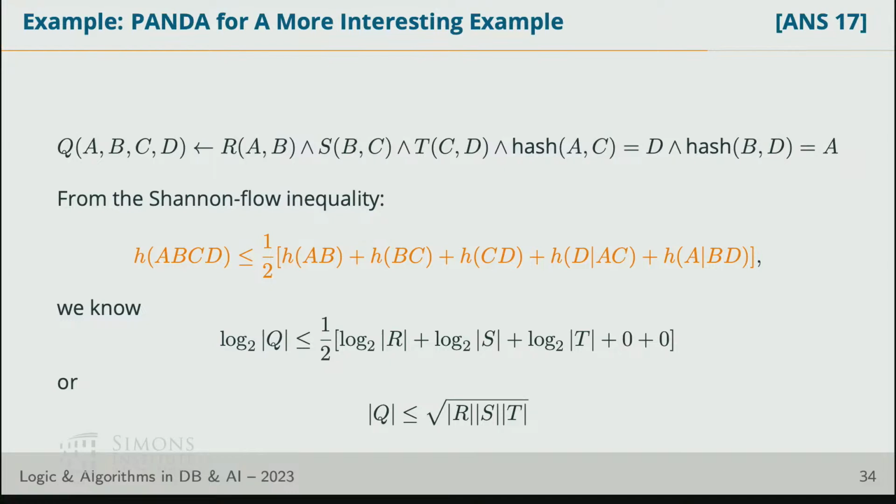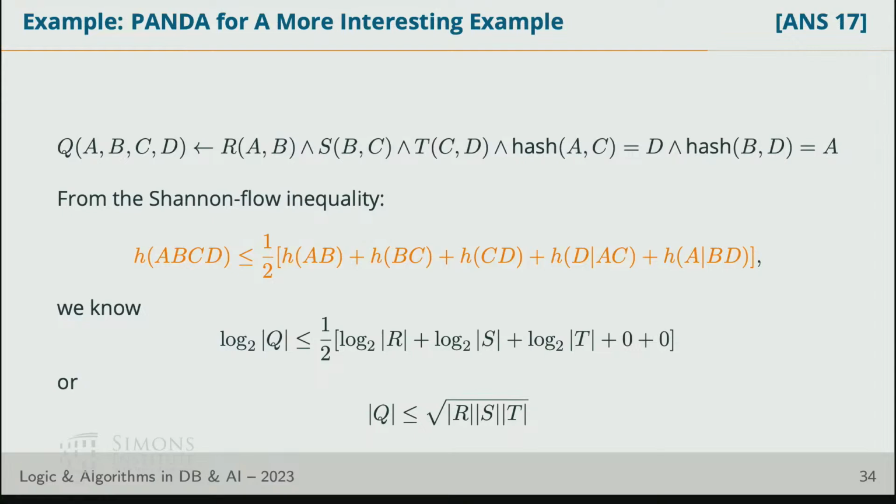Okay, so this query, that's actually the corresponding Shannon flow inequality. I didn't show you the proof steps of this Shannon flow inequality because it's a bit too long. But from this, what you can do is the following. You know that HAB is smaller than log R, so you can plug it in: H of BC, log S, H of CD, log T. Now, the hash function means that the entropy of D given AC is 0 because it's a functional dependency.